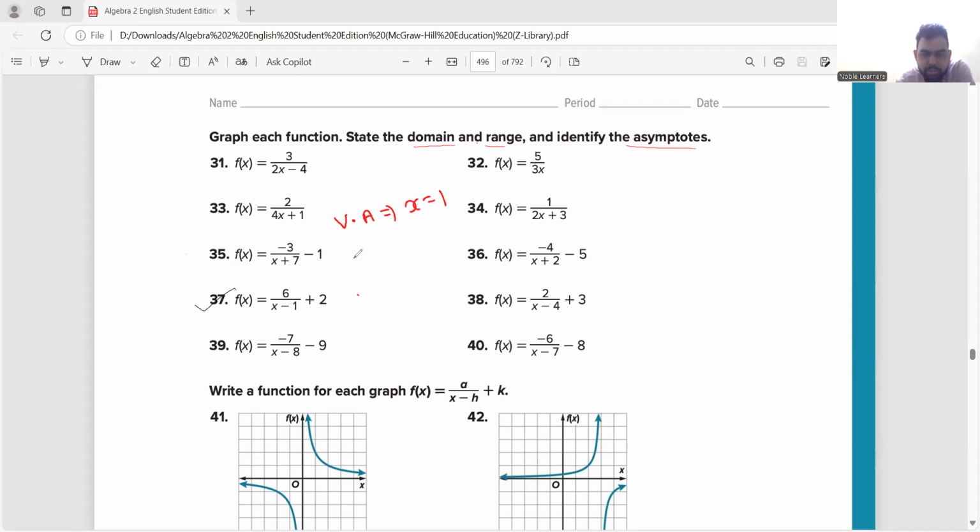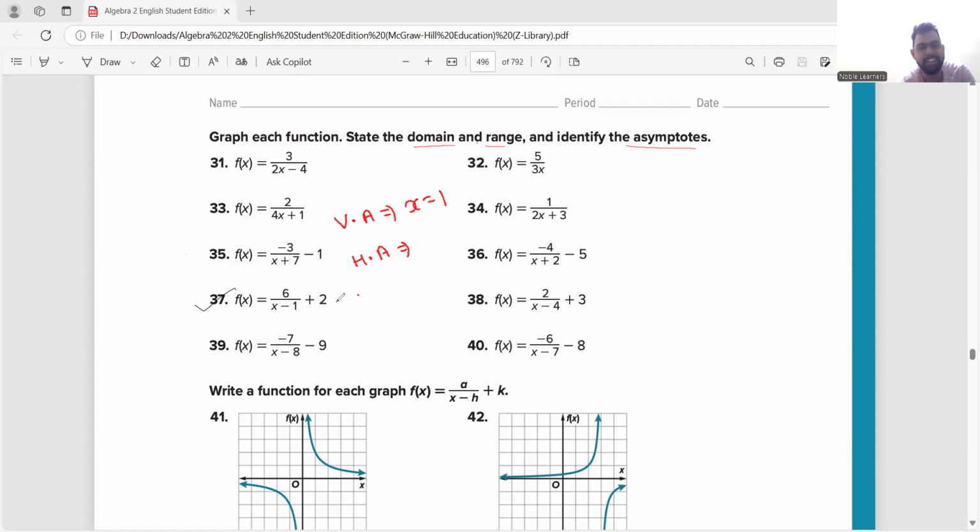Okay. What is the horizontal asymptote? Degree of numerator is? Degree means the variable exponent. 6 is the number. We learned this in the last class. Oh, I'm thinking of coefficient.